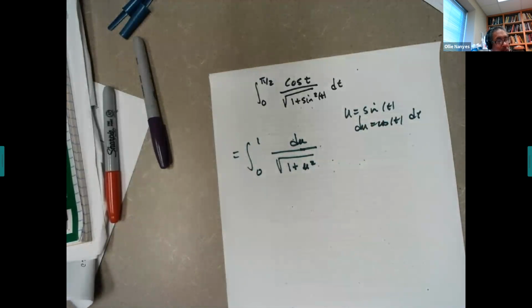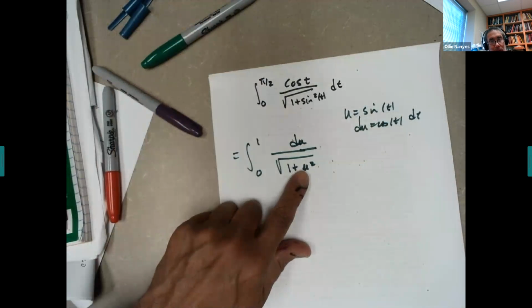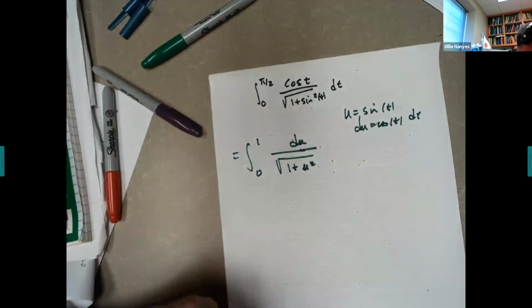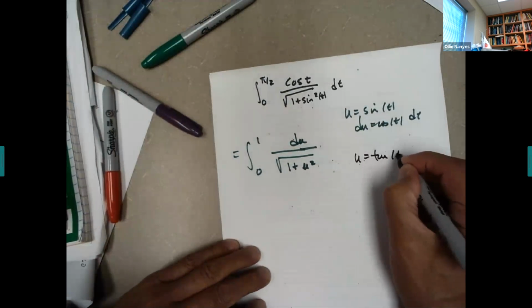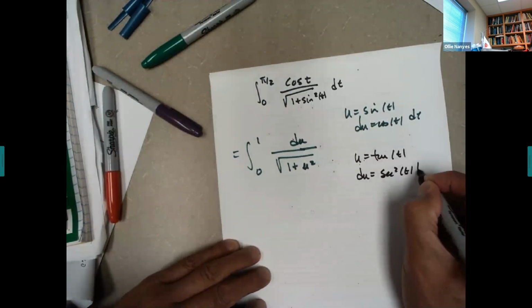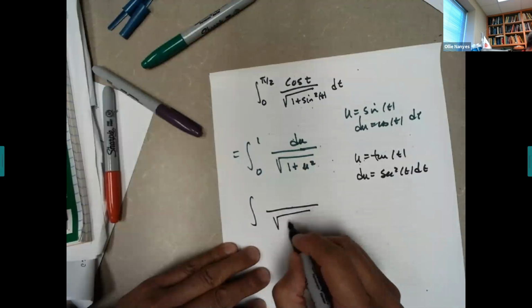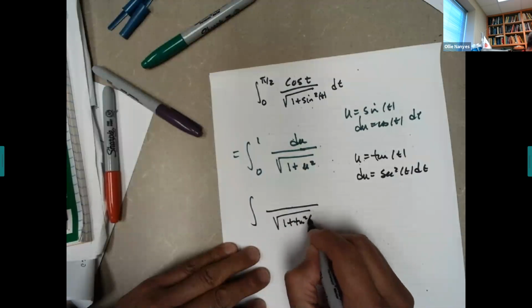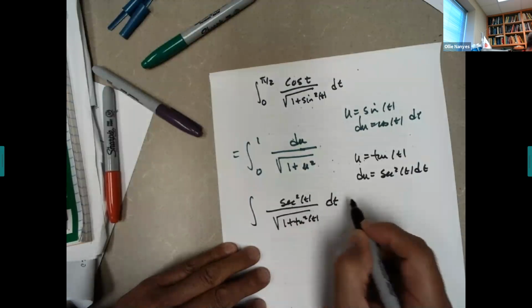And we can do this a couple of different ways. You can use hyperbolic trig functions, which might be a cool way to go. And I might just use tangent here. So we get the square root of 1 plus tangent squared t, secant squared t dt.